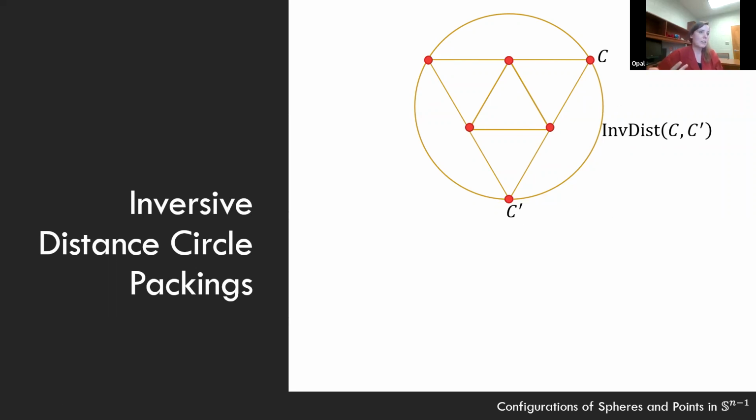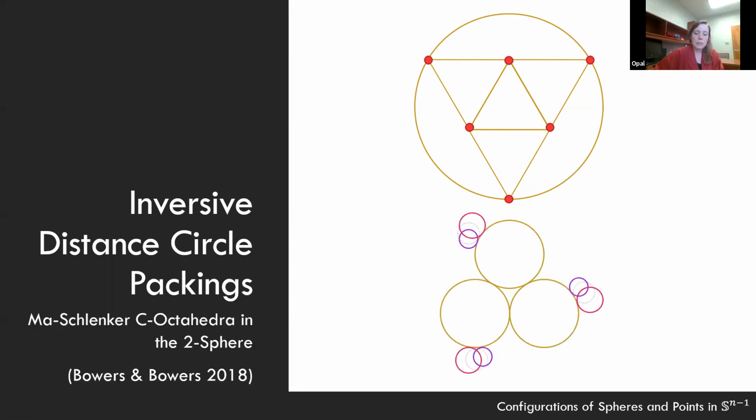This can allow for intersections of those two circles, or they could be disjoint or they could be tangent. It could be any one of those things happening. And in particular, one thing that's interesting is that Bowers and Bowers in their paper on the octahedron in the two-sphere constructed a counterexample showing that these things aren't always rigid as is.